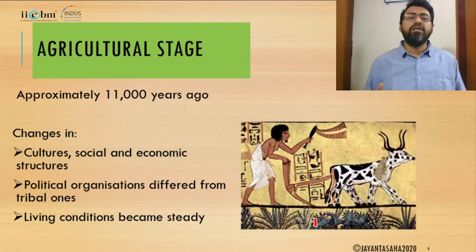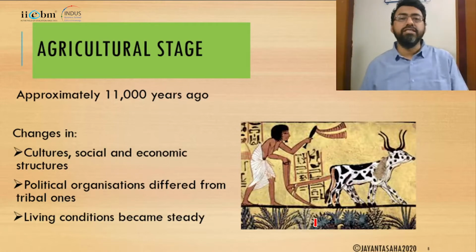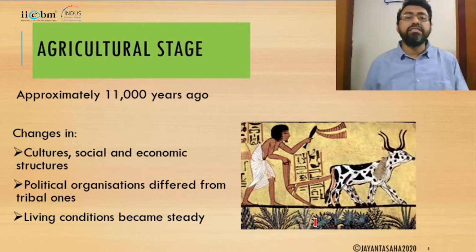In the hunter gatherer stage, there is no land which is yours and there is no land which is his. So my land and his land, what we know as political life. Political comes from the word polis, which means people. So people have to now, for the first time in human civilization, exist with each other.